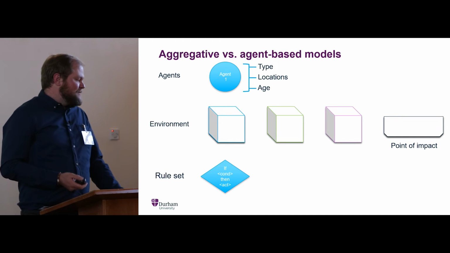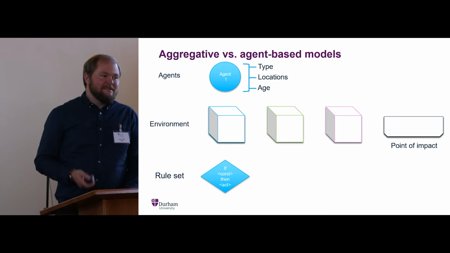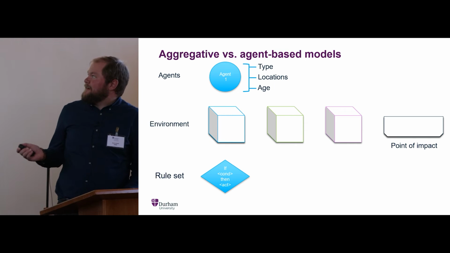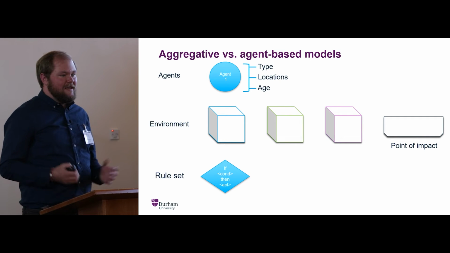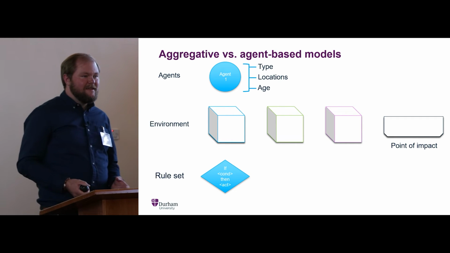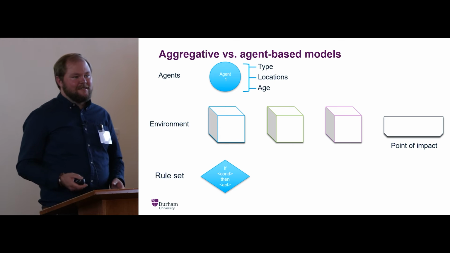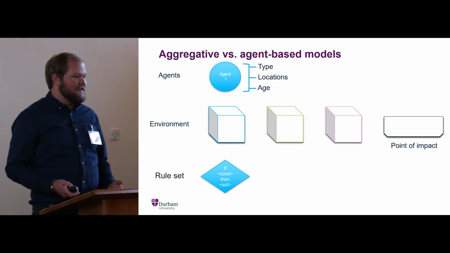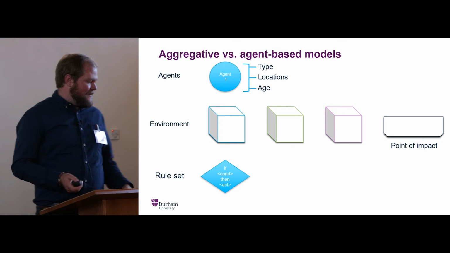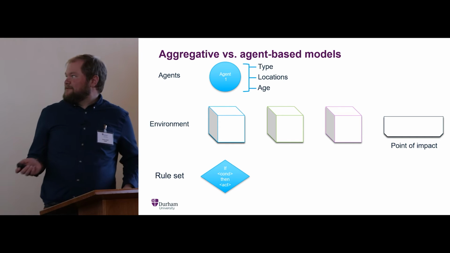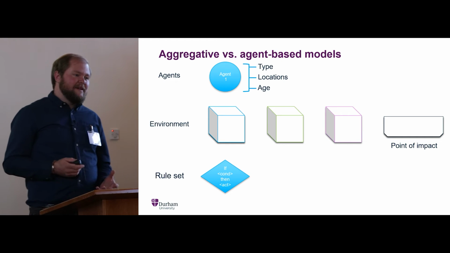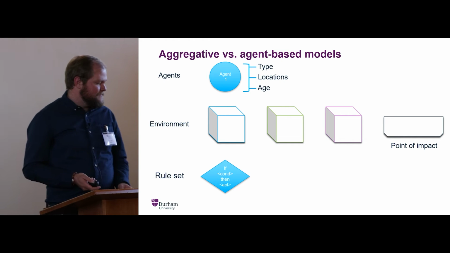Now, agent-based models can help us overcome this. They consist of three components. We have our agents, and this could represent a parcel of water or quantity of contaminant. And the agent has a set of characteristics, and it can remember how those characteristics change over time. We then have our simulation environment and a set of rules that governs how our agents behave in response to environmental conditions.